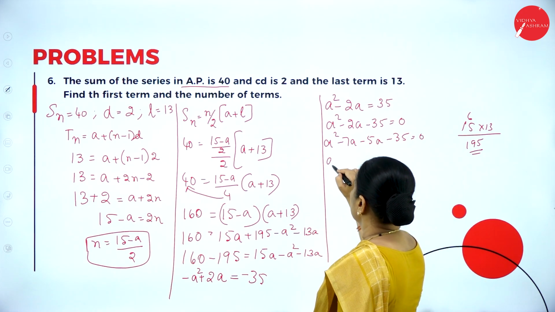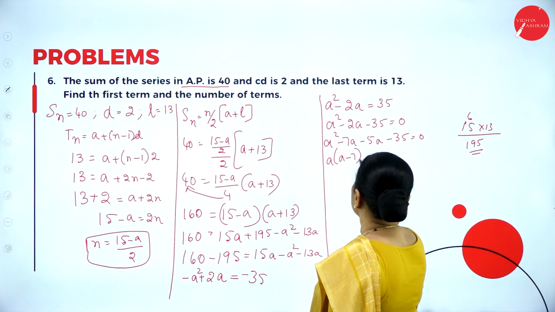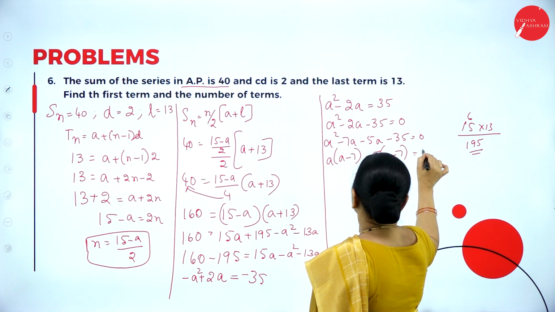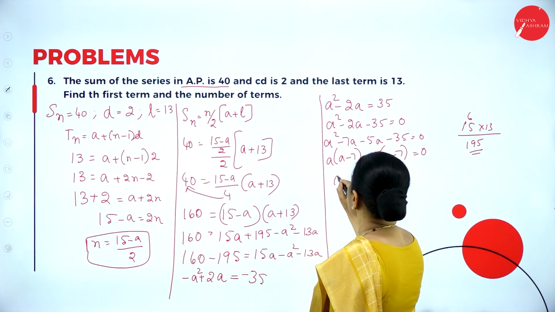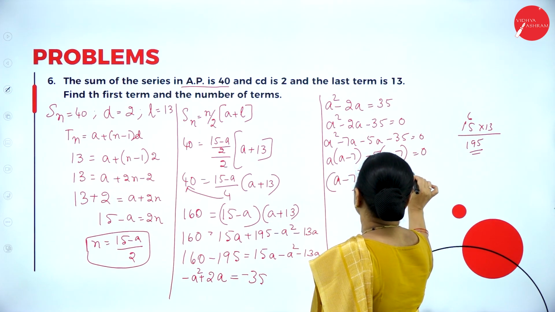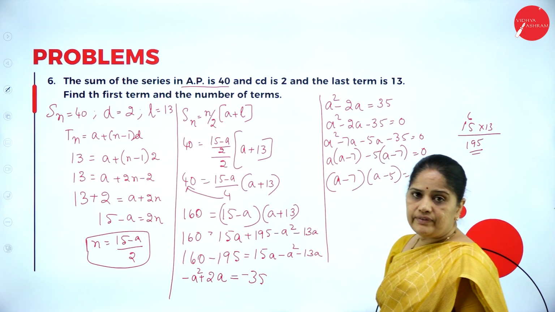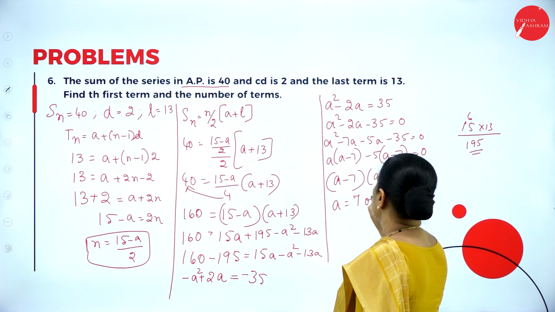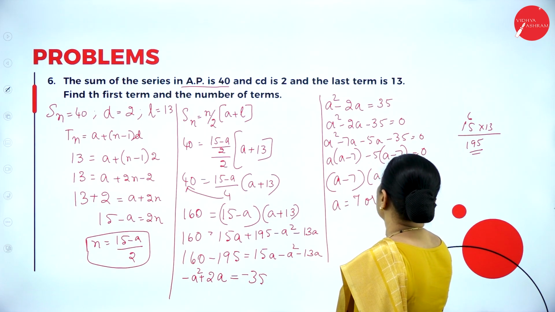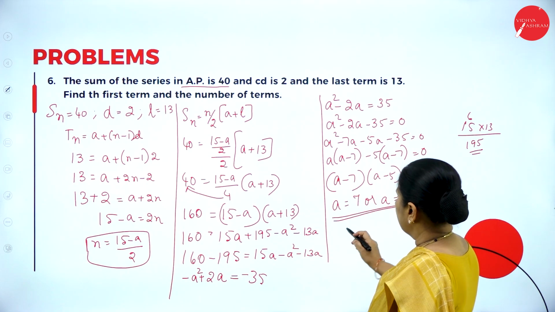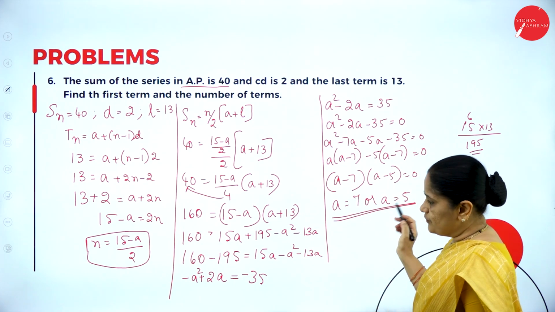A is common here. So, A into A minus 7, plus 5 into A minus 7 equals 0. A minus 7 equals 0, or A plus 5 equals 0. A equals 7 or A equals minus 5. So, this is the answer.